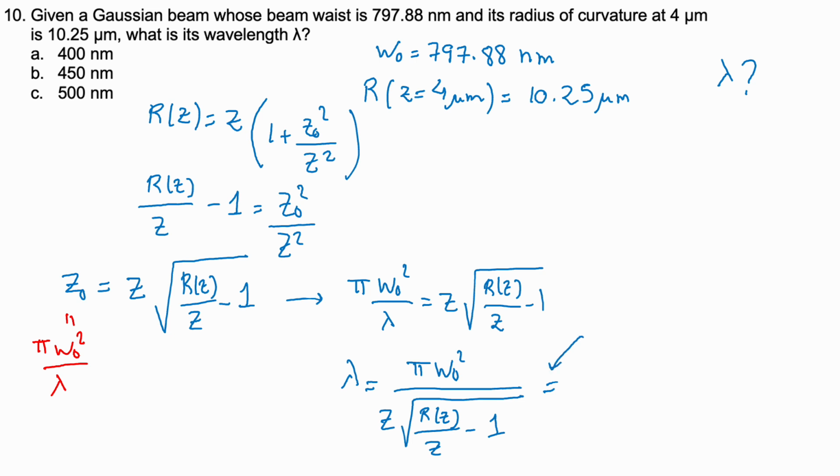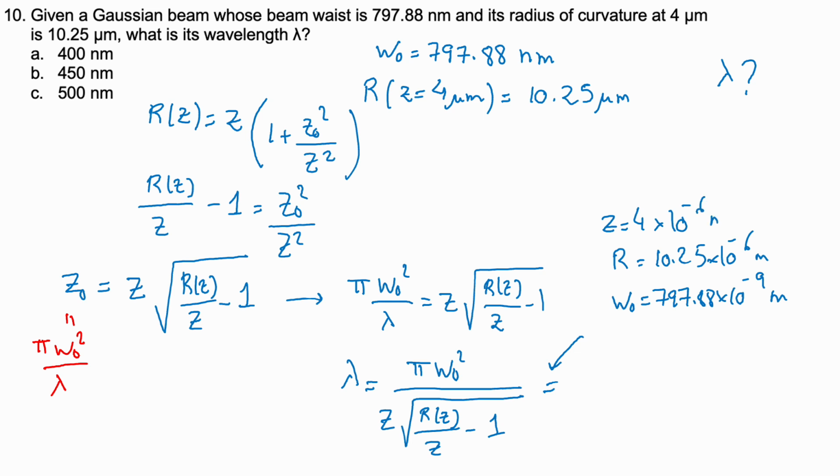Now we know that the beam waist is 797.88 times 10 to the minus 9 meters. The radius is 10.25 times 10 to the minus 6 meters, and then z is 4 times 10 to the minus 6 meters.